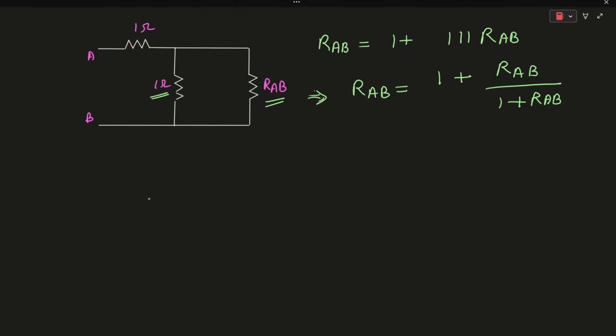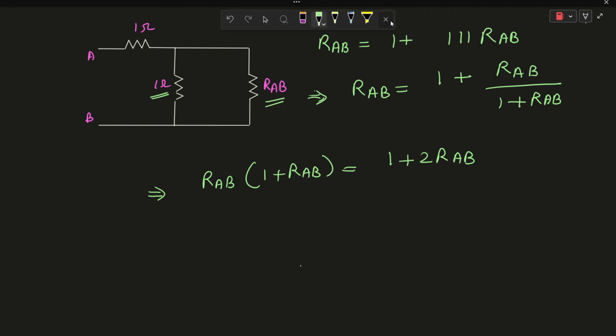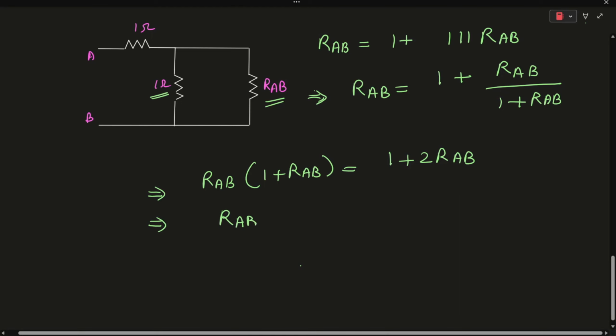On further simplifying it, we are getting RAB times (1 plus RAB) is equal to 1 plus 2 RAB. So we are getting a quadratic equation as RAB square minus RAB minus 1 is equal to 0.